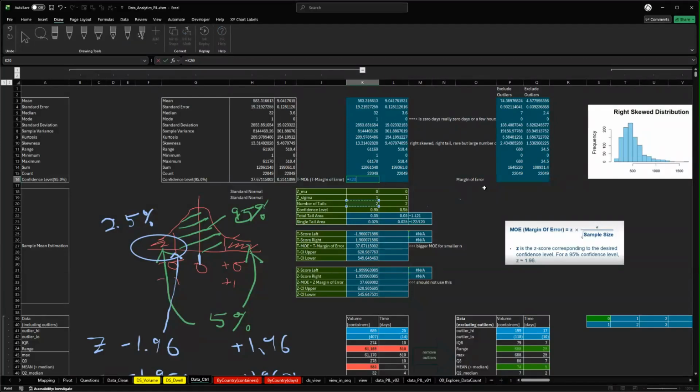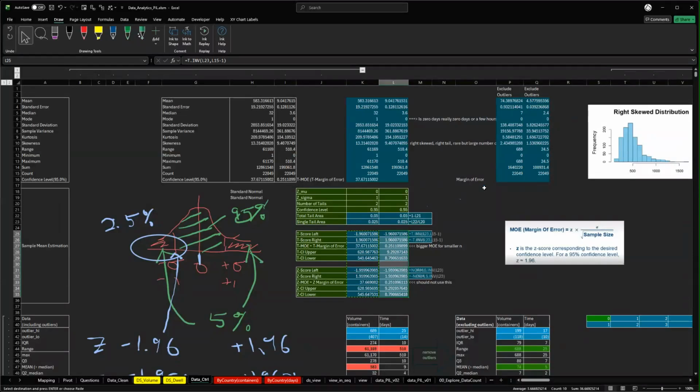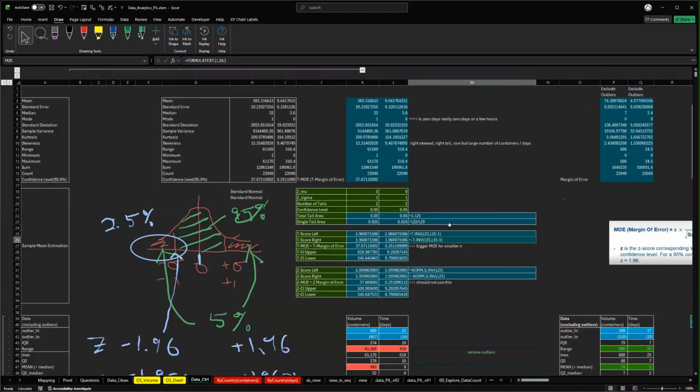If I take that number and refer to the margin of error in the Excel output, you see the number exactly matches what Excel is getting. So these are the formulas here. I will just copy them to the right column as well, and you can see the formulas here in column M.